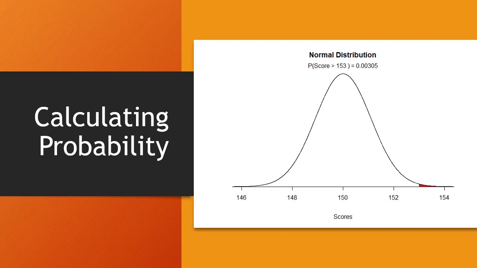And that probability is 0.003, very small, less than 1%, less than 0.5%. It's 0.3%. The chance of obtaining the mean that we observed, or a mean even bigger than 153, is less than 0.5% if this is the true distribution we're looking at. And remember that this distribution was created using the null hypothesis.